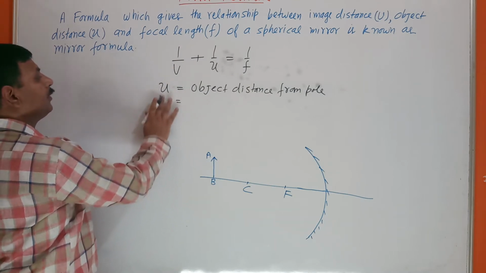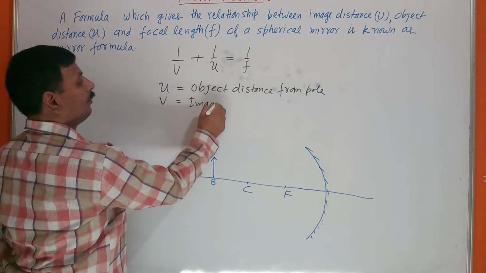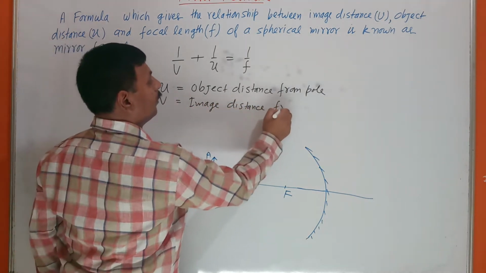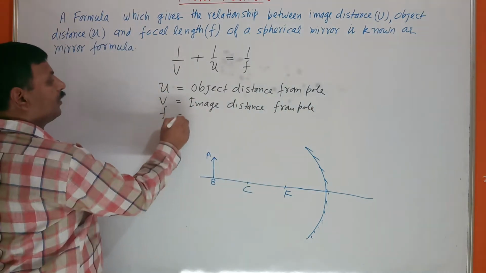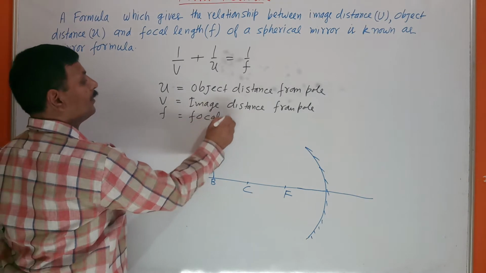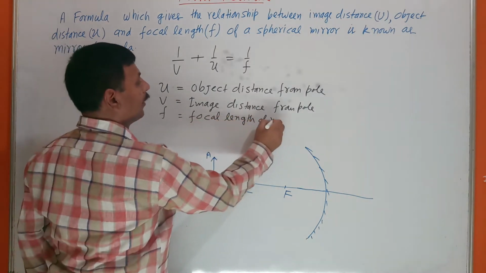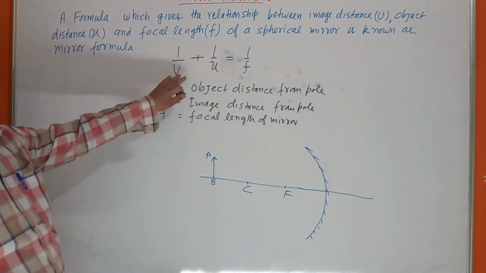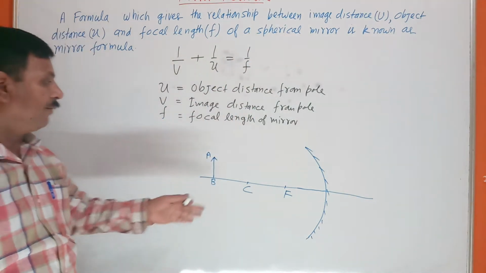V is the image distance from the pole of the mirror, and F is the focal length of the mirror. So this is actually the mirror formula: 1 upon V plus 1 upon U is equal to 1 upon F.